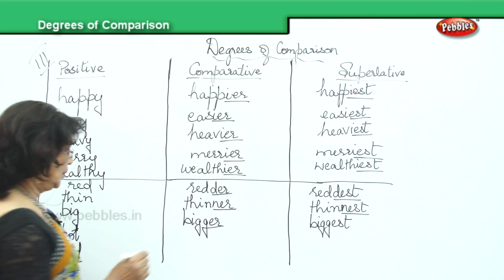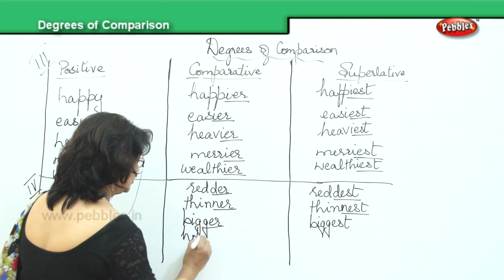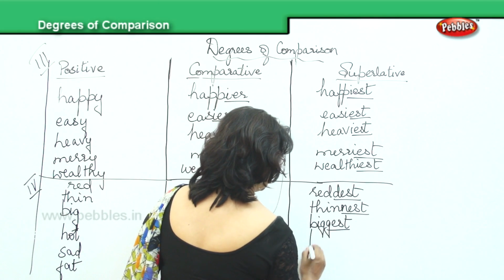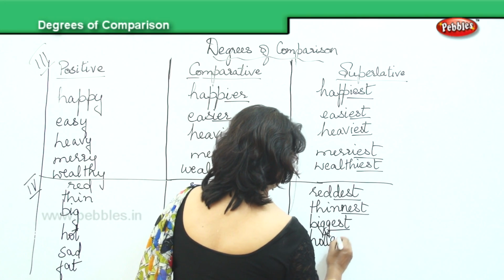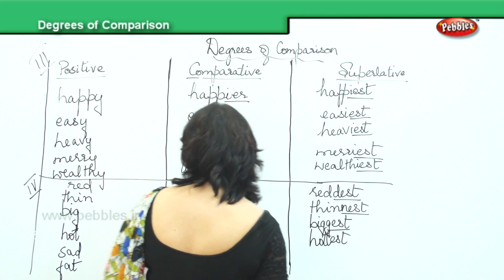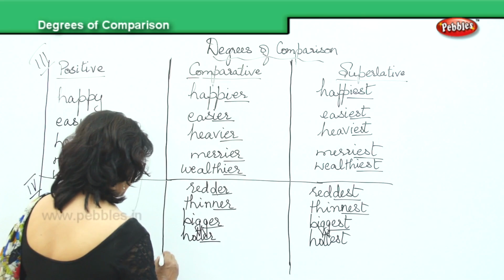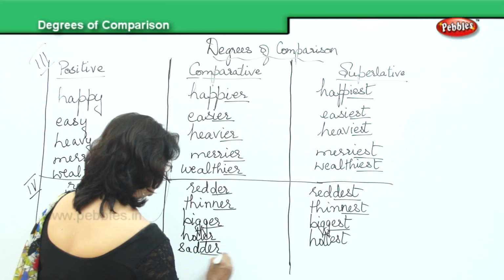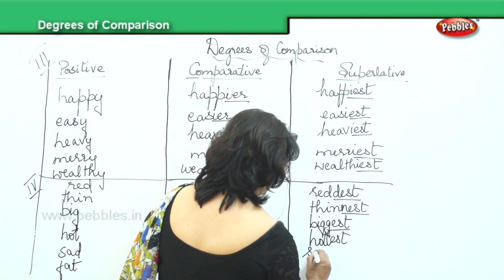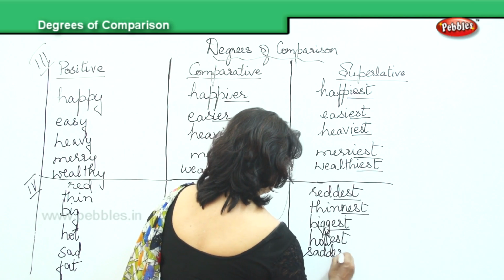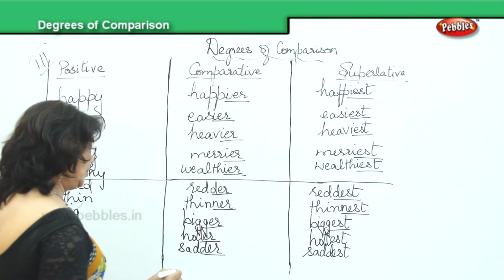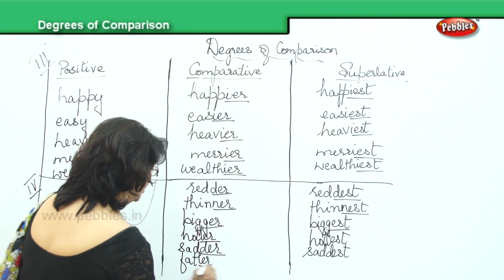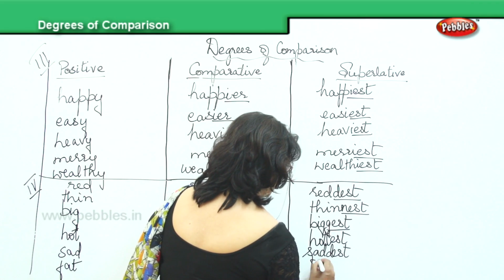Hot, hotter, hottest. Sad, sadder, saddest. And the last one, fat, fatter and fattest.